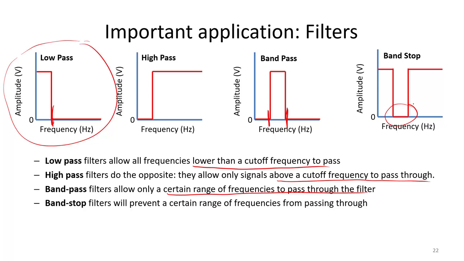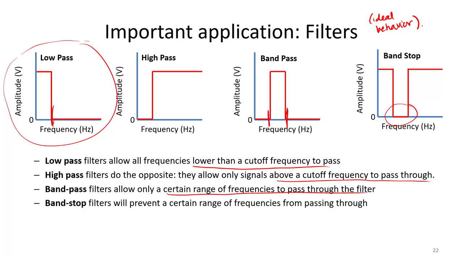You'll also remember that since capacitor voltage and inductor current cannot change instantaneously, it's impossible to get a filter which has this perfect behavior. You'll see all of these figures show an ideal example of the filter, where we completely block the undesired frequencies and completely allow the desired frequencies.